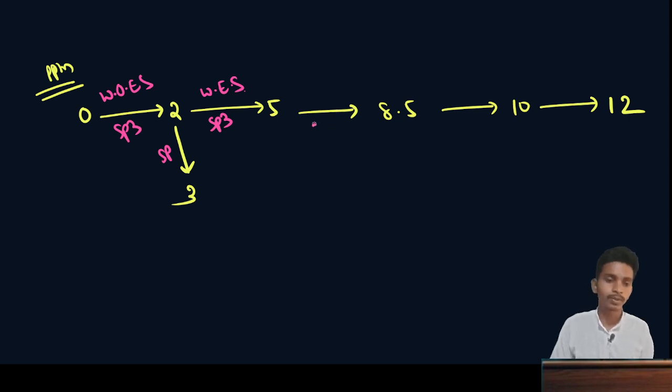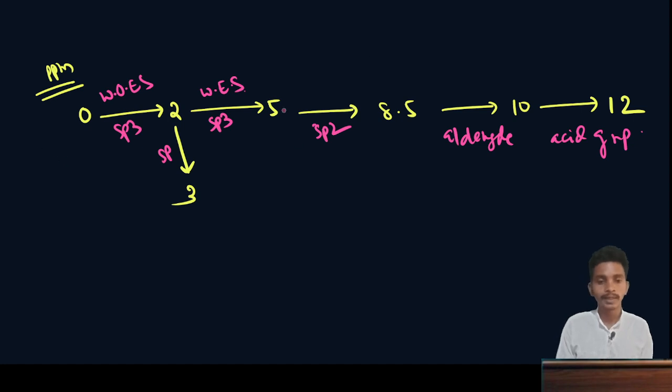Okay, this is sp2, for this case sp2, and this is aldehyde group, and this is acid group. Okay, this way also we can memorize: this 0 to 2, and this is sp, and this is sp3, and this is sp2, and this case of aldehyde, this case of acid groups. Okay, so today, after this, thank you.